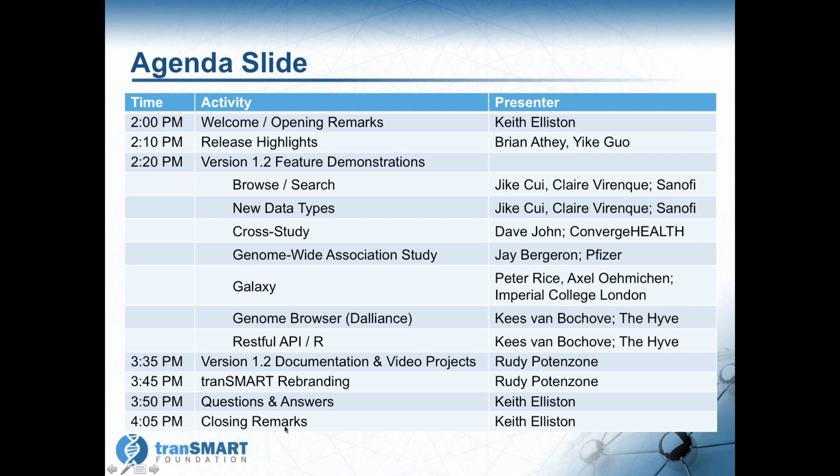In addition, the way to get involved is to get involved in our 3C committees, the code, community, and content. We'll be coming together again in person at our annual meeting coming up in October in Ann Arbor, and working with the various 3C committees, spending half a day working together on various initiatives there. Remember, your leaders for your code committee are Ike Guo, our CTO, and Jay Bergeron from Pfizer.